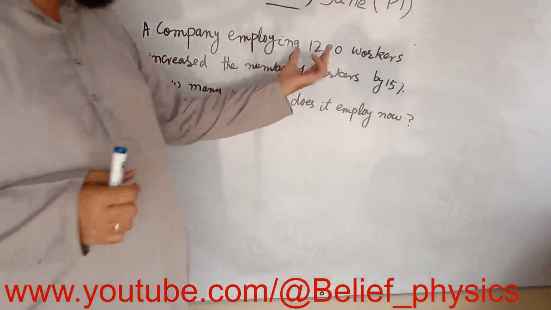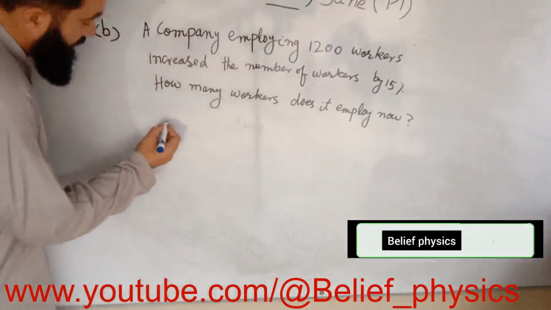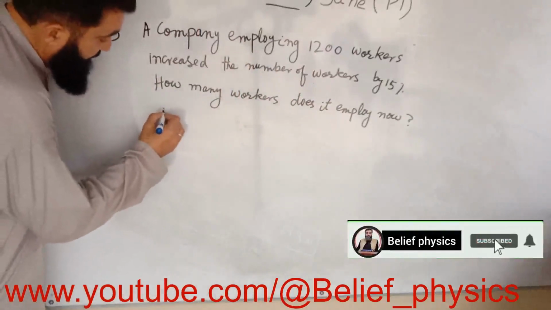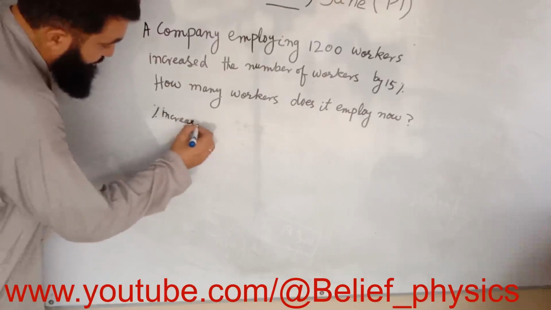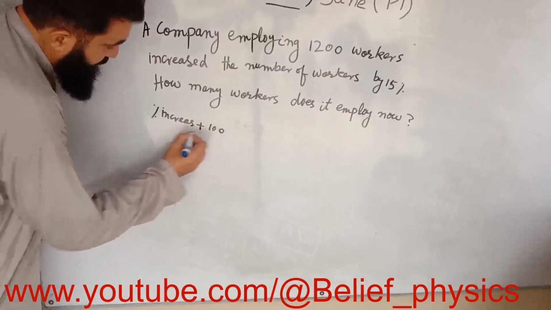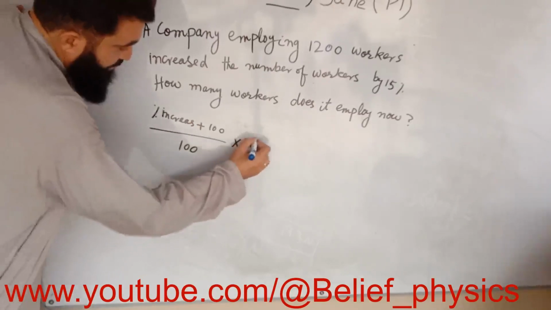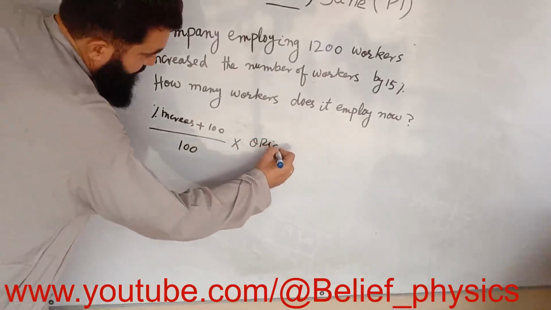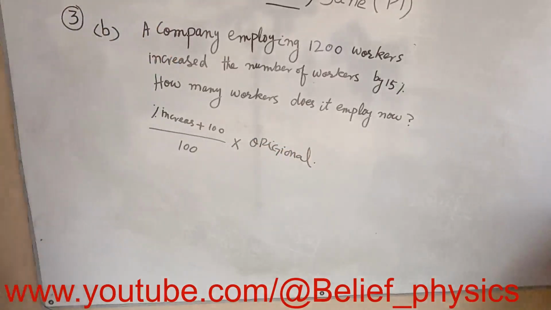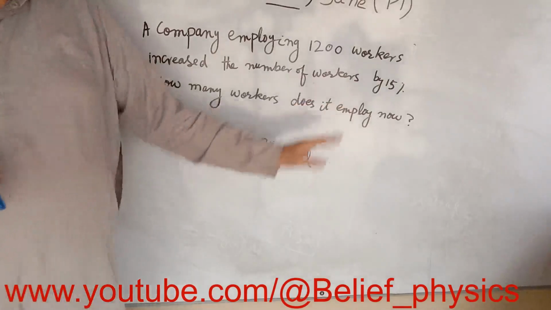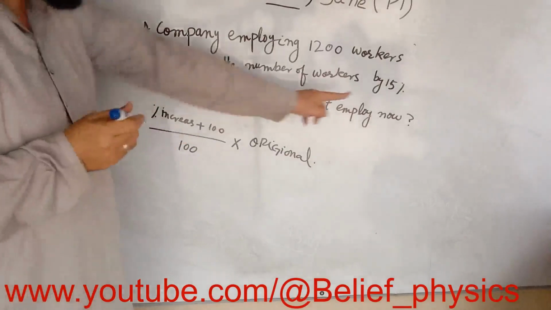There are two methods. The first method is: percentage increase plus 100, over 100, into the original value. This will give you directly the number of workers the company will now have. The percentage increase is 15.